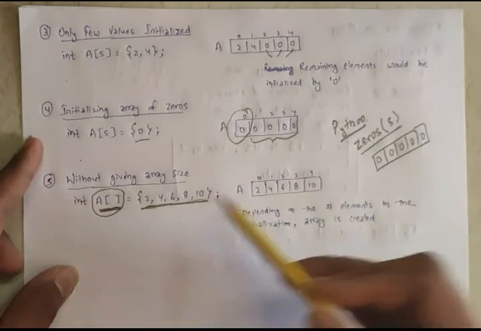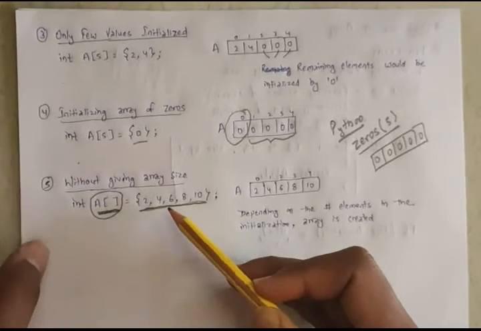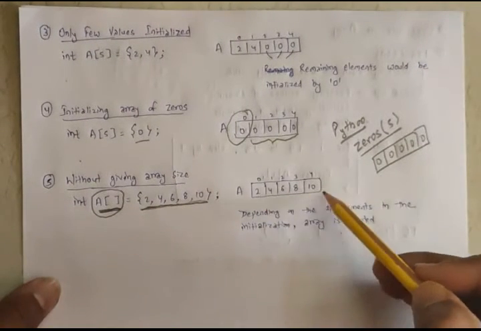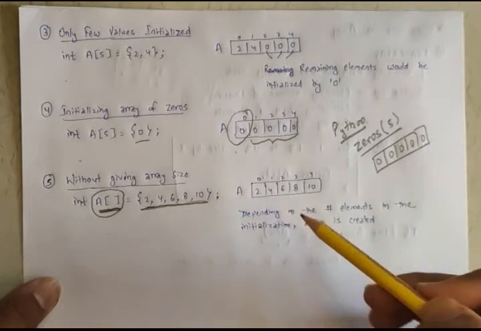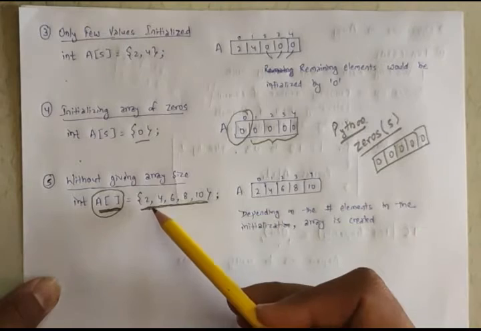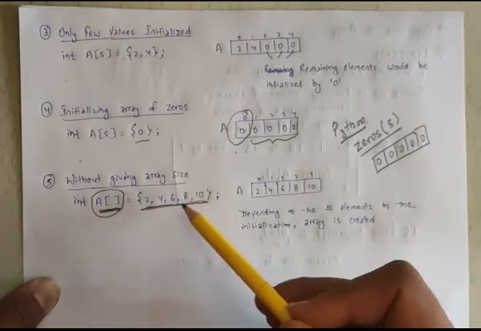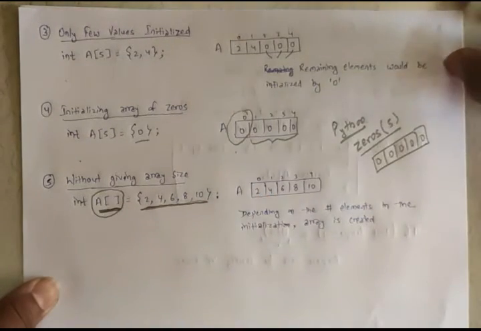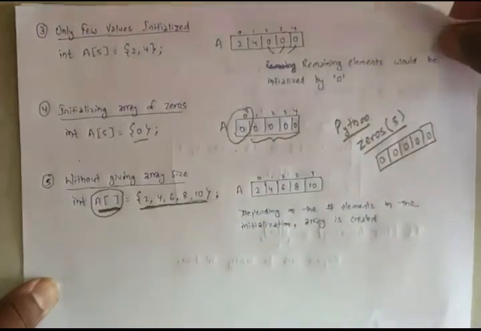As the number of elements which we have initialized is 5, a length 5 array would be created, and all the spaces would be filled by these elements consecutively. So this is all about initialization and declaration.